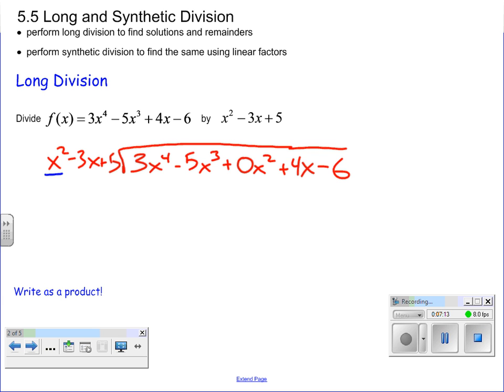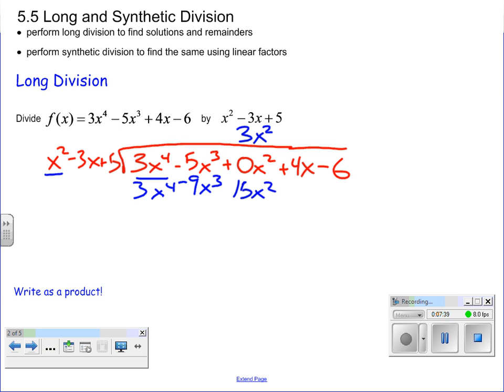So now x squared goes into 3x to the 4th. How many times? 3x squared times. So I'm going to put that above the x squared column and go ahead and multiply it out. So 3x squared times 5 is 15x squared. And then minus 9x cubed, and then 3x to the 4th.